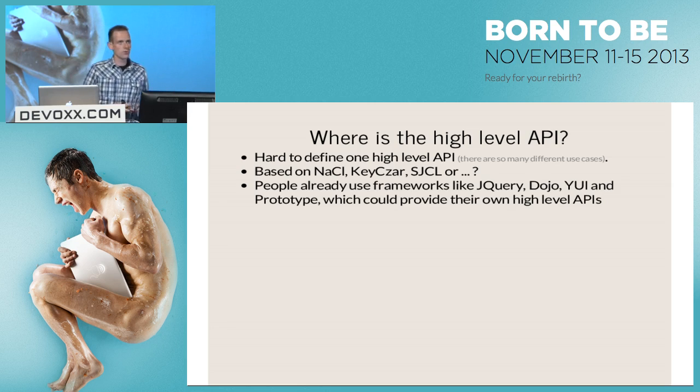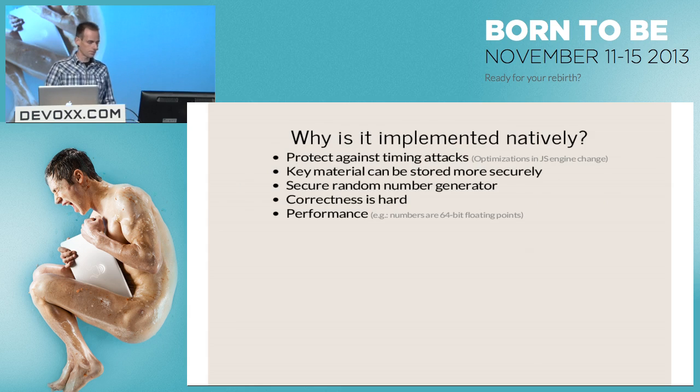So all those libraries can provide a high-level API using our low-level API, because there it's no longer a problem with performance or the constant time, because the low-level API is done natively, but you can write a high-level JavaScript API, making it easier for the web developer. So that's why we decided that we will, for now, not create a high-level API.